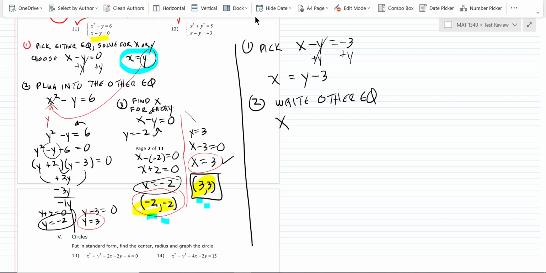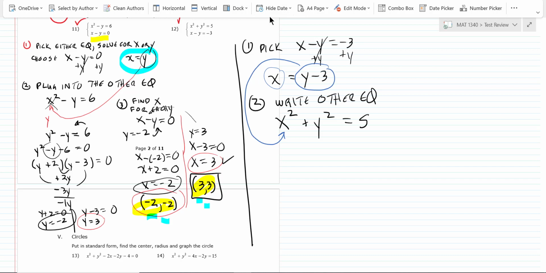You've got x squared plus y squared equals 5. Now how do you plug in? Well, we figured out what x is, so you replace x with y minus 3, because you want to end up with an equation that's got one variable. So we solve for x, now we plug that in.